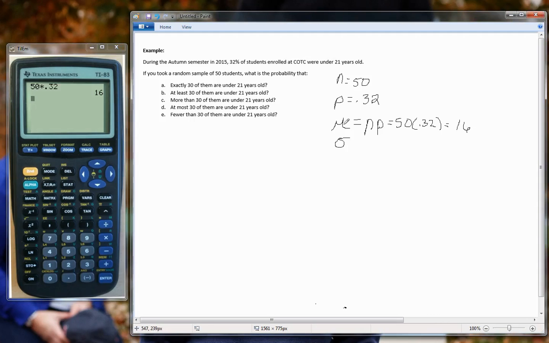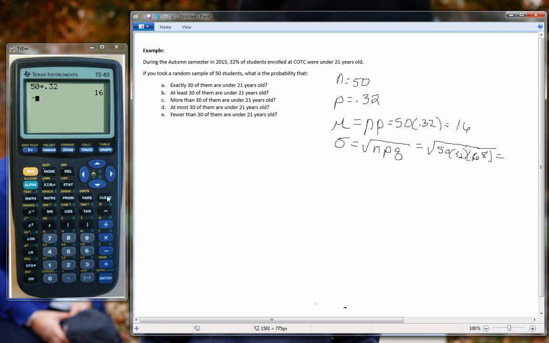And remember, the standard deviation for the normal approximation is the square root of n times p times q, where q is 1 minus p. So this is going to be the square root of 50 times 0.32, and 1 minus 0.32 would be 0.68.